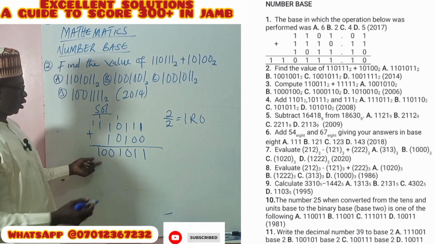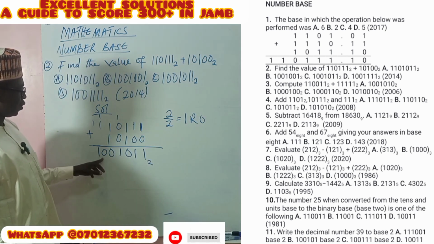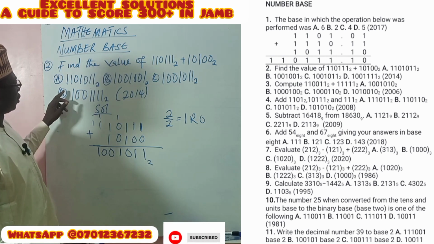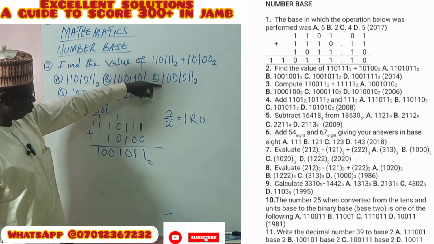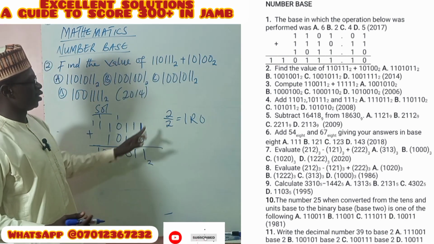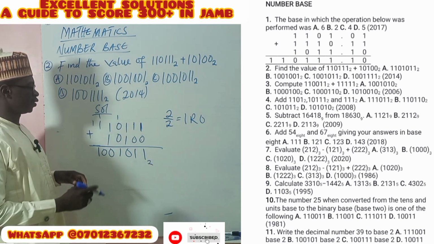So the answer should be 1001011. If we look at our options, in option C we have 1001011. The answer is option C. This question is a question of 2014.